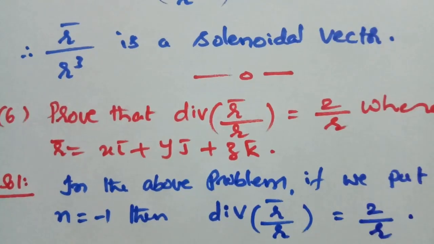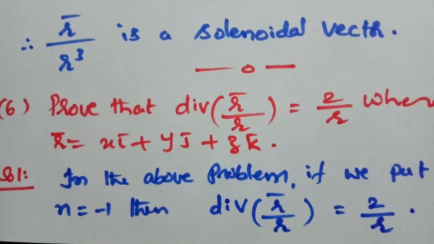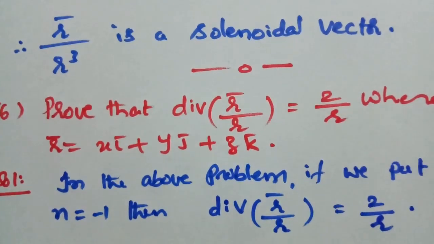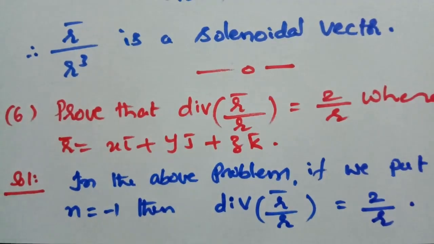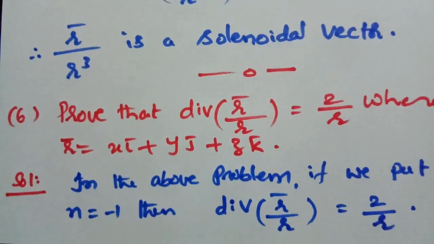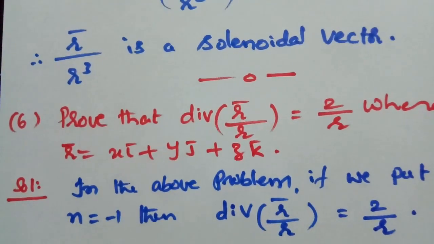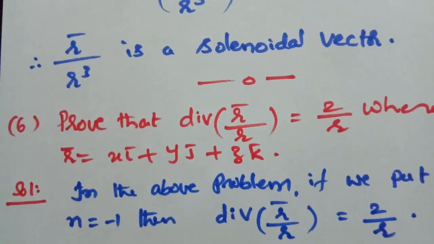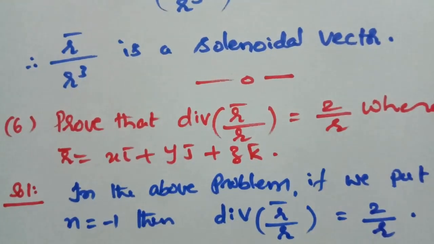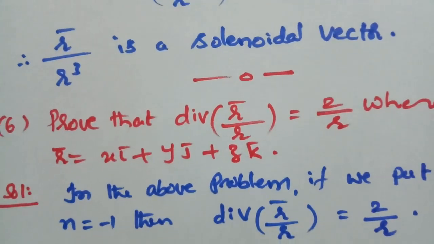So you can proceed from beginning to ending by taking n is equal to minus 1 in the previous problem. Don't write the answer like this. Proceed by taking n is equal to minus 1 in the above problem from beginning to ending. That means divergence of r power n into r bar is equal to r power n into 3 plus n.